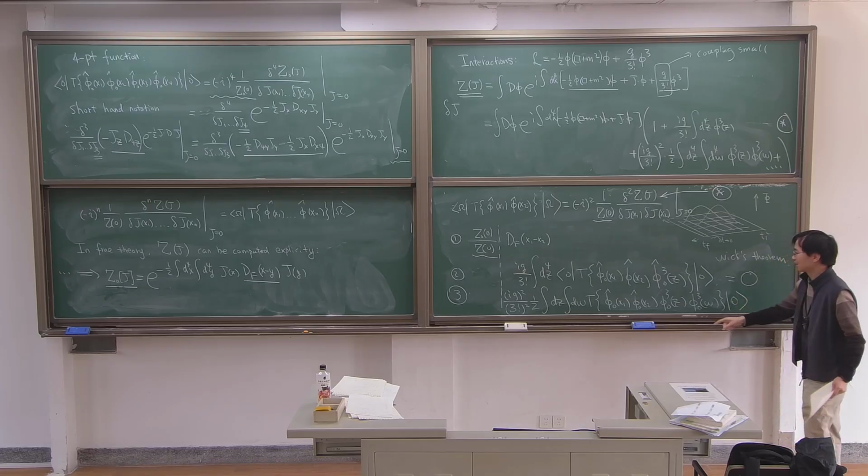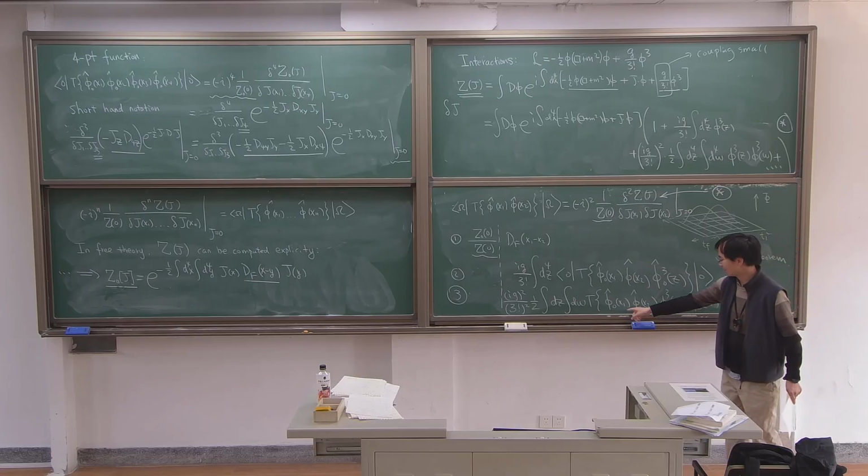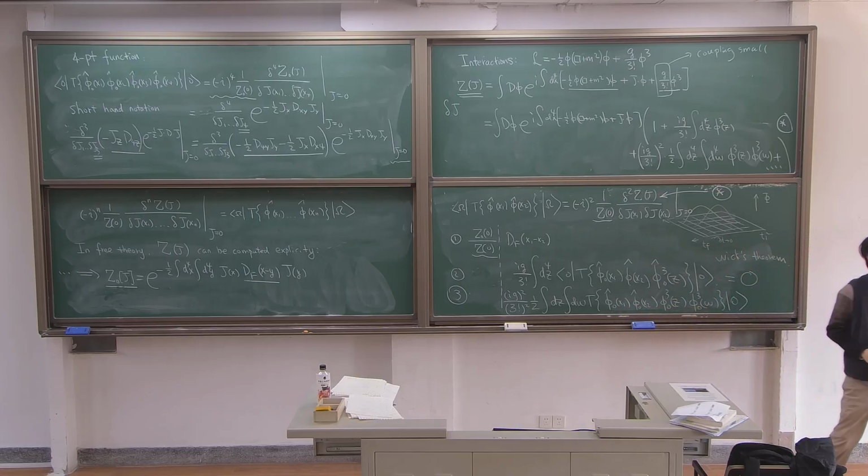So how many points? Look, this is a free theory time ordered higher correlator. How many points? 1, 2, 5, 8. So this is the 8-point function. But don't be scared, it's free theory. It doesn't matter if it's 100 points, or just put it on a computer, for example, to tell you the result.